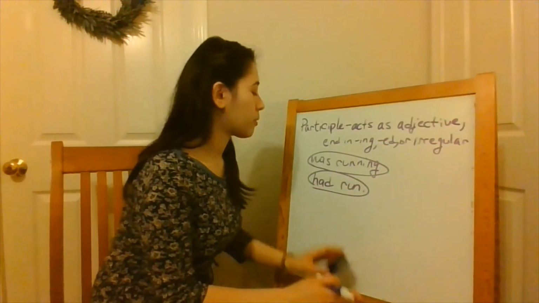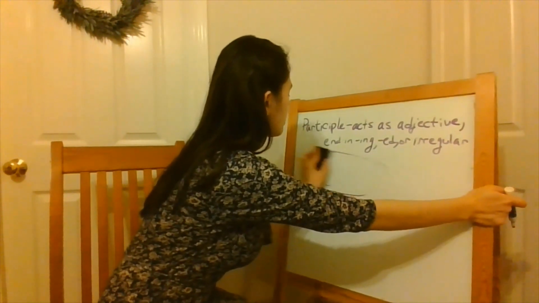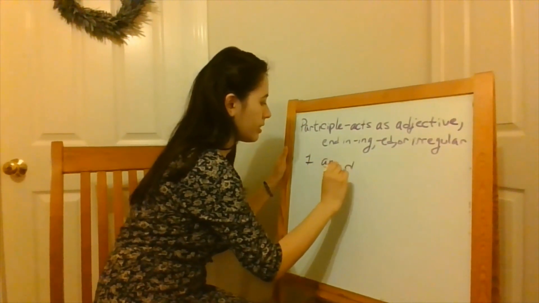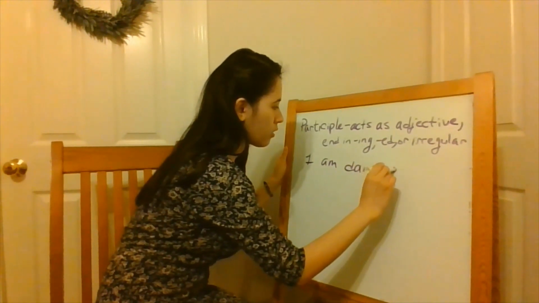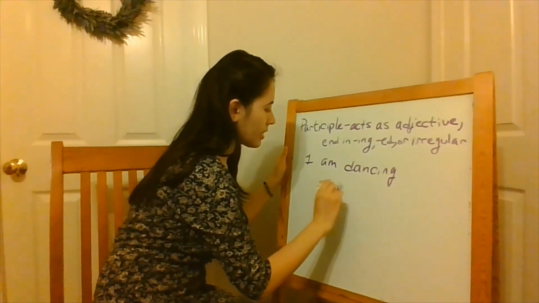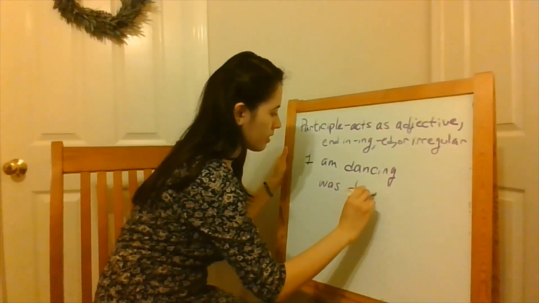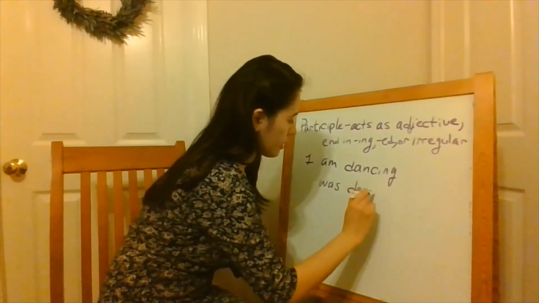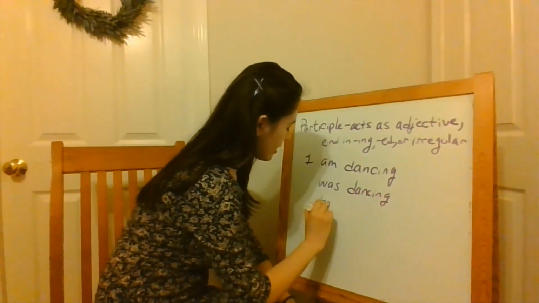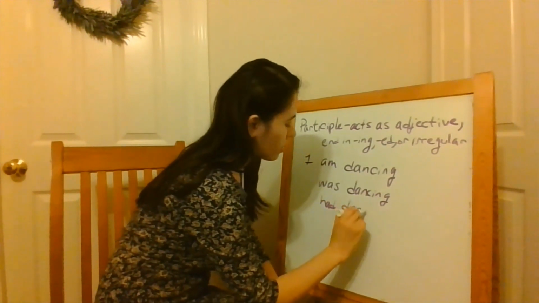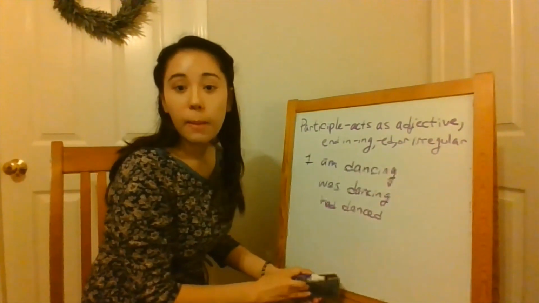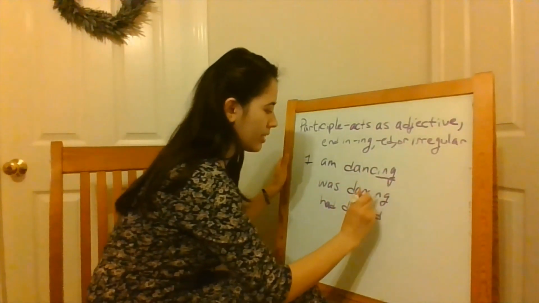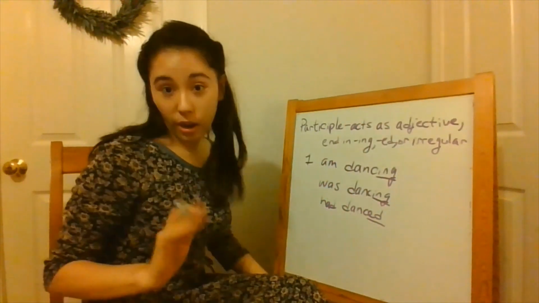We can also look at dance or dancing, because that's a bit more regular. So I am dancing, or I was dancing earlier, or had danced. These are all examples of past or present participles acting as verbs, where the key is the ing or the ed or an irregular ending.